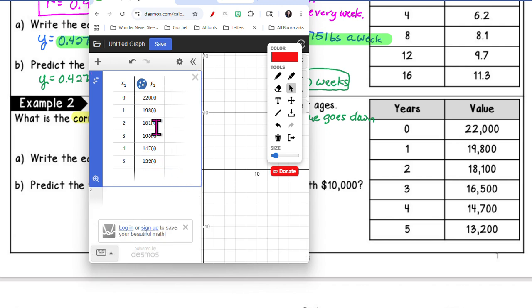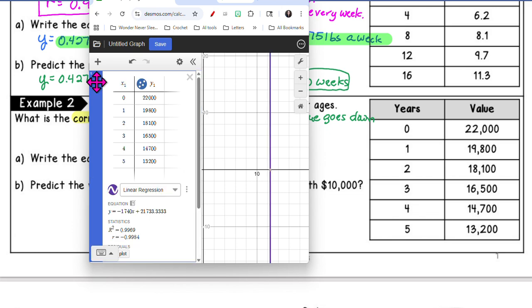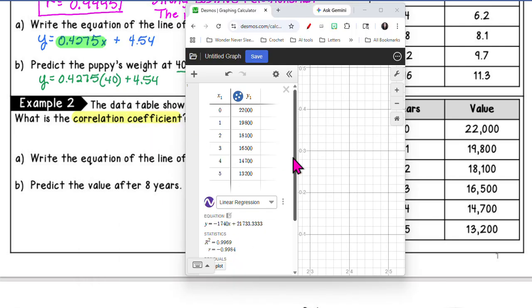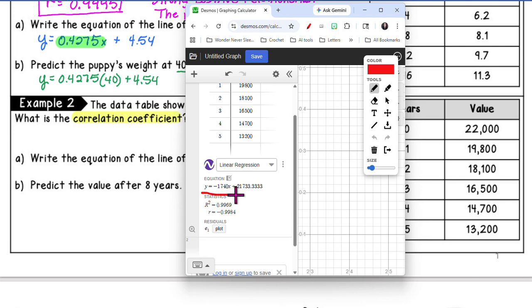So again, I am going to do the magic over here. I'm going to hit add regression, and boom, this amazing thing happens. Okay, so let's get our numbers here. This is my equation. We can see that it has a negative slope, and this is my r value.